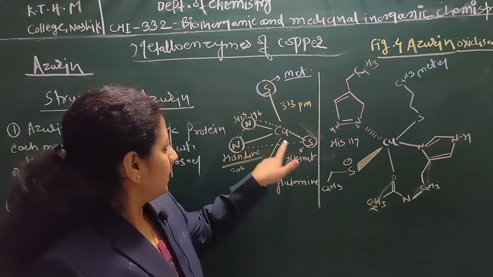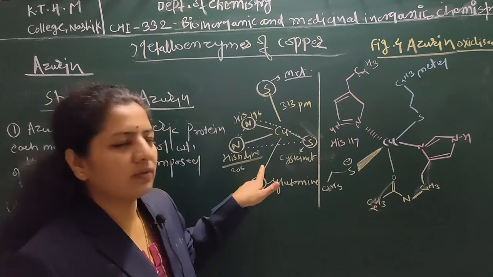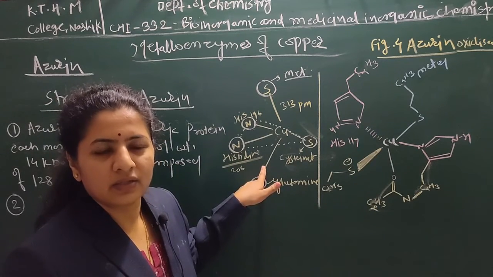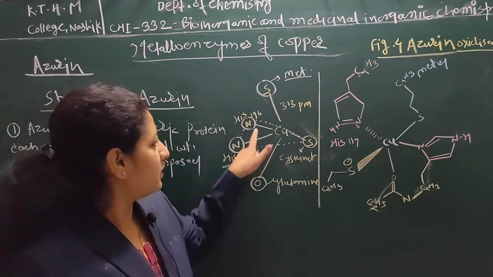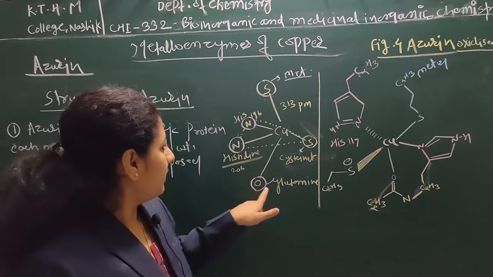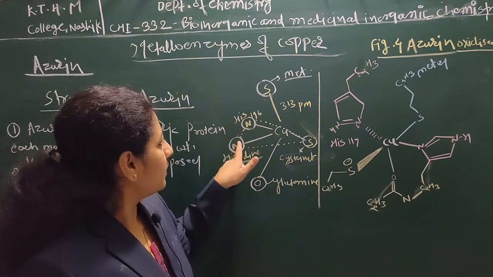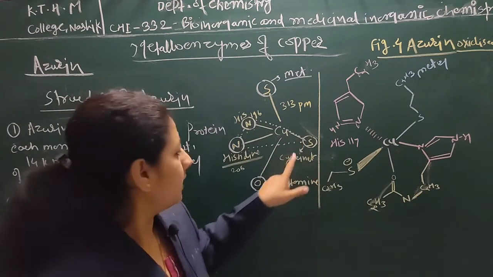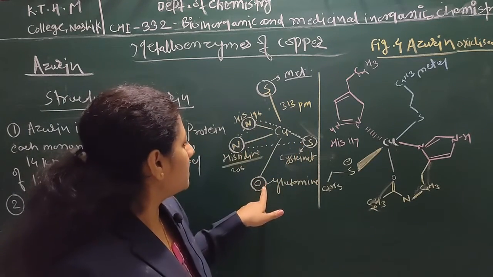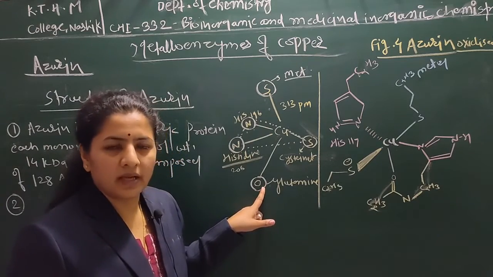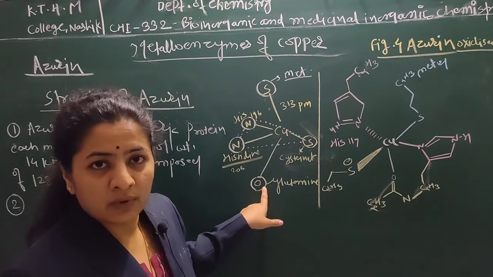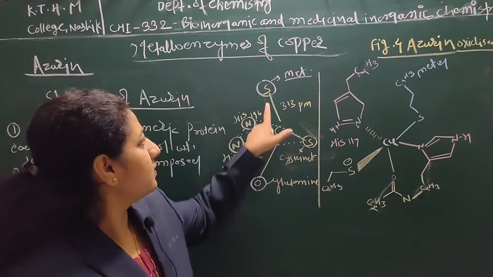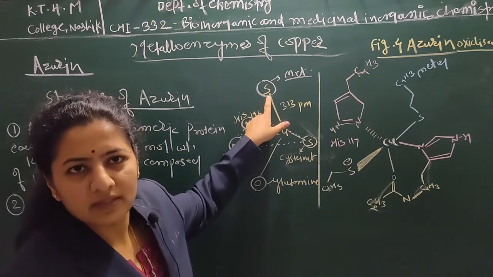So here there is a distorted trigonal bipyramidal geometry in Azurin, where at the equatorial position there are 2 histidine and 1 sulfur of cysteine. At the axial position one is the carbonyl group of glutamine residue, and the second one is the methionine sulfur attached.